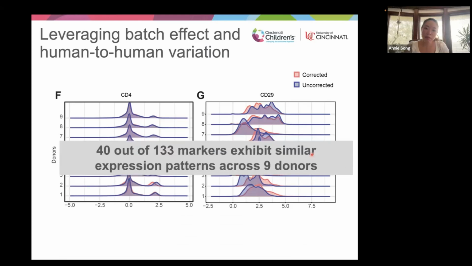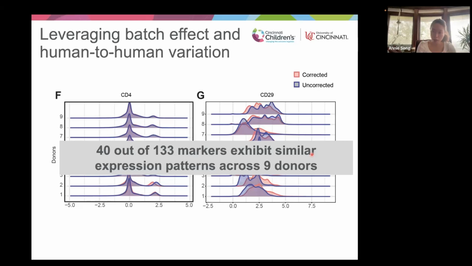Now, by examining all 133 markers that we have done on all 9 donors, we found that 40 out of 133 markers show similar expression patterns across the 9 donors. This really goes to show that we never really had a study before that addressed this donor-to-donor variation in flow cytometry, which, in my opinion, should be leveraged for future studies, because not all markers are going to show a similar expression pattern.